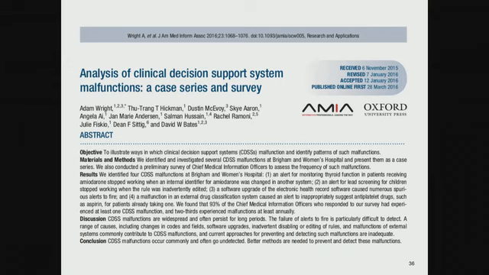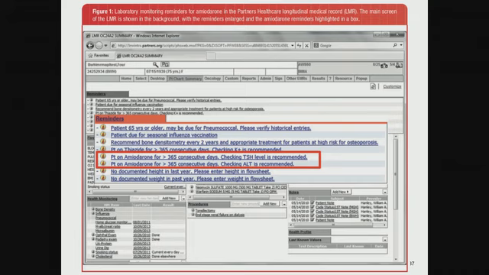He went to demonstrate this great decision support system that they had implemented at the Brigham. And he put in a fake case where an alert should have gone off for a patient who has been on a particular drug for more than a year and needs to have their thyroid stimulating hormone measured in order to check for a potential side effect of long-term use of amiodarone, as well as to have their ALT as a liver enzyme test.